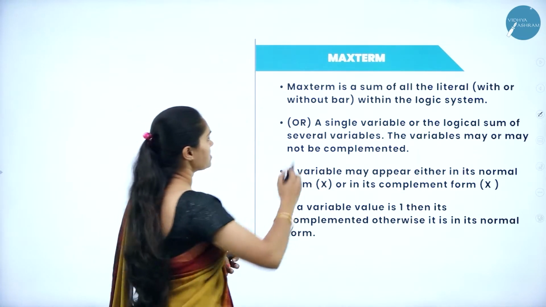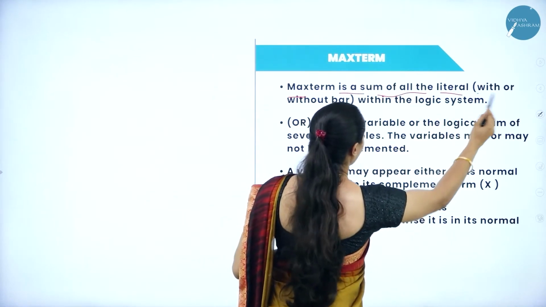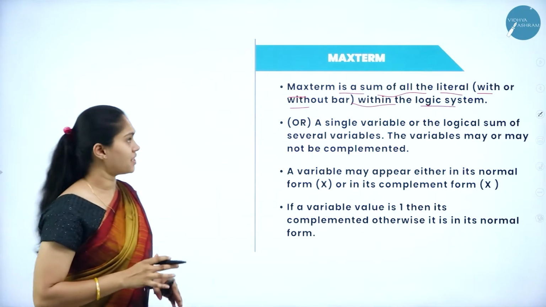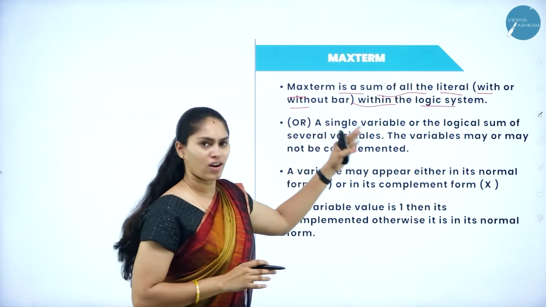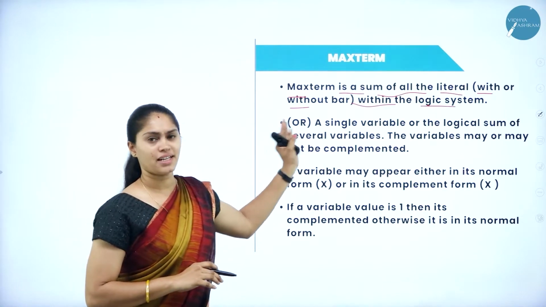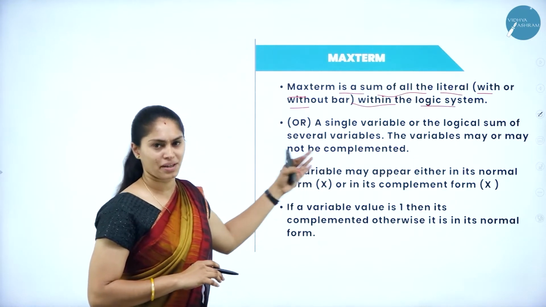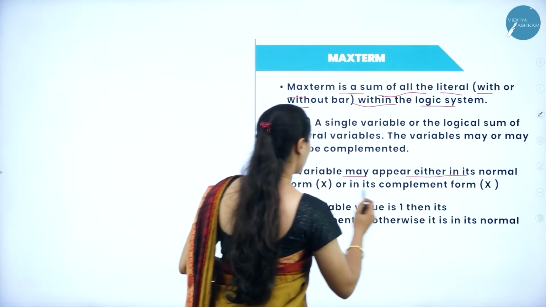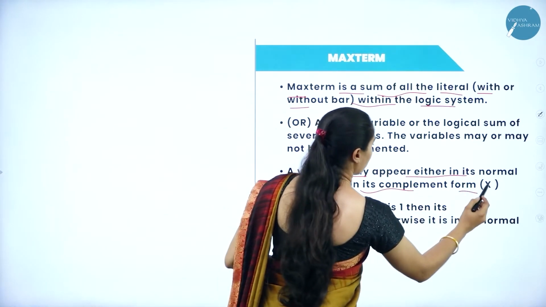So a maxterm is a sum of all the literals with or without bar within the logic system. If you consider the maxterm, this is a sum of all the literals. That literal can be either with bar or without bar. It can be a normal variable or a complemented variable. So a variable may appear either in its normal form or in its complemented form.